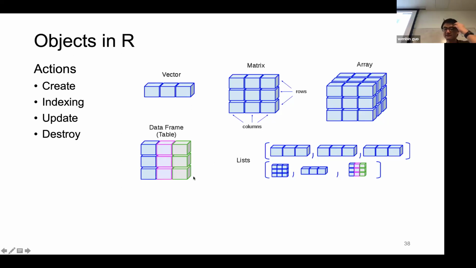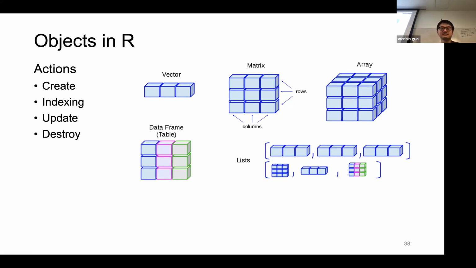Besides that, we can have some kind of unstructured data called the list, where each element can be the same type of object, or they can be different, or more chaotically, it can be a list of lists.